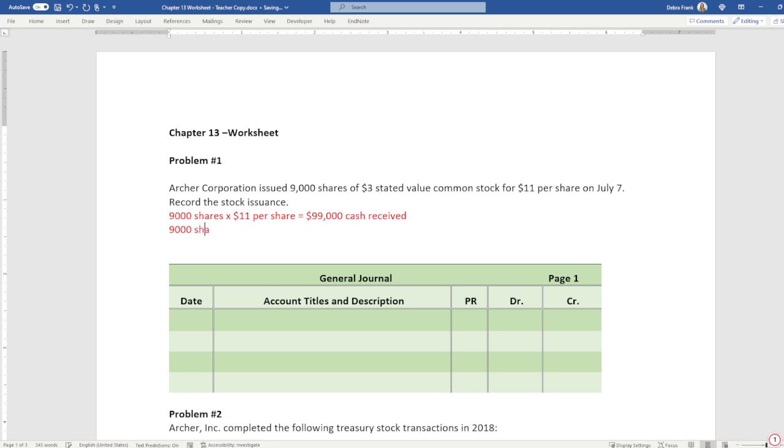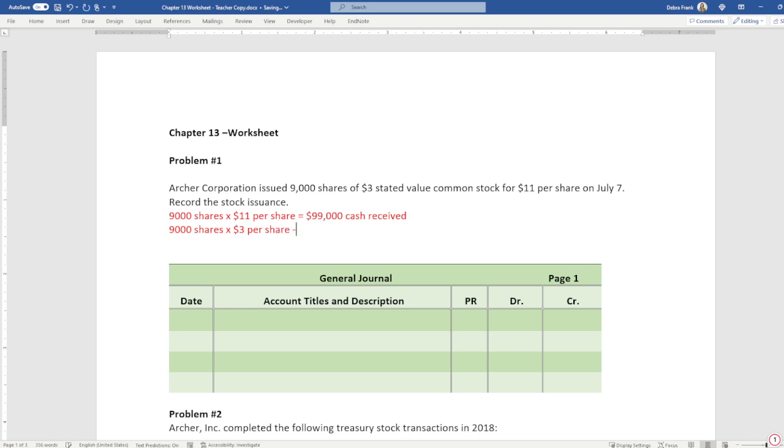And then we have to figure out the common stock's actual stated value. Well, in this case, I think in your PowerPoint or the book, they use $1 stated value. Well, in this case, it is a $3 stated value. So don't get tricked up there. So we'll go ahead and multiply by 3.